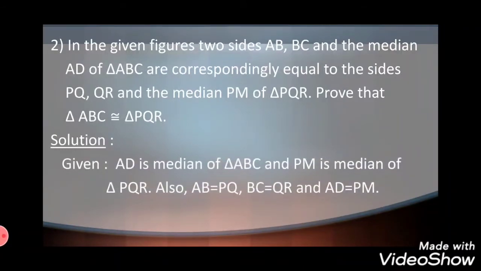It is given that AD is the median of triangle ABC and PM is the median of triangle PQR. Also it is given that AB equal to PQ and BC equal to QR and both the medians, that is AD equal to PM. Medians are also given as equal. To prove: triangle ABC congruent to triangle PQR.